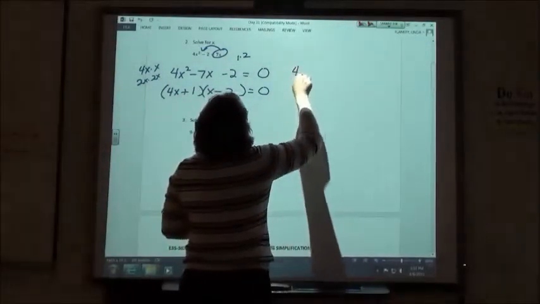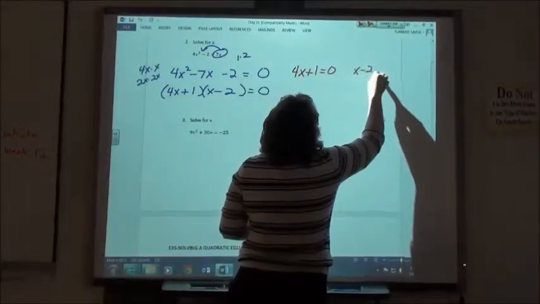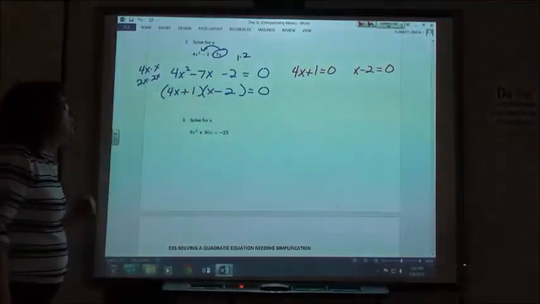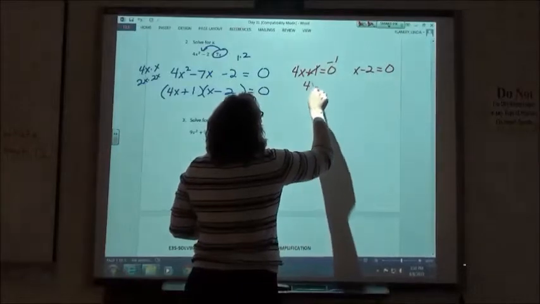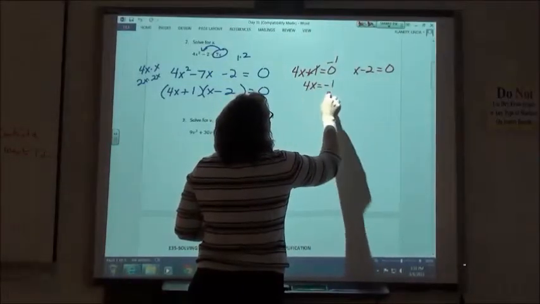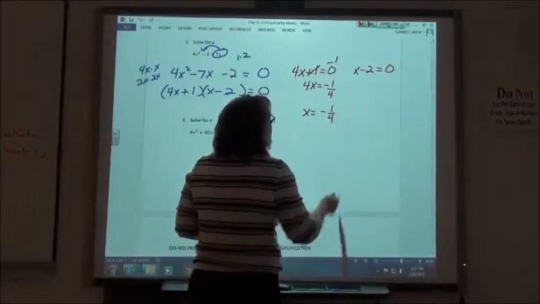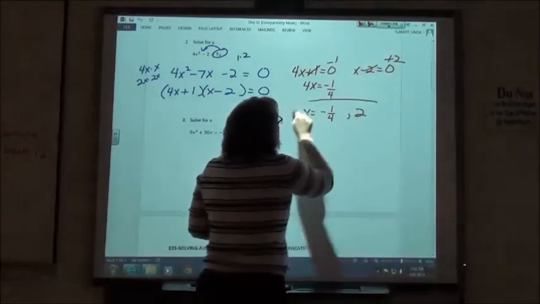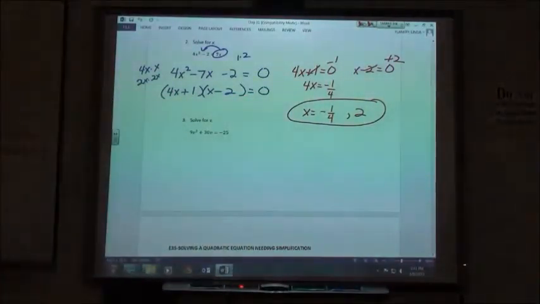So 4x plus 1 could equal 0, or x minus 2 could equal 0. Solving each of those, minus my 1, 4x equals negative 1, dividing by 4, x equals negative 1/4. Here, just adding my 2, so negative 1/4 and 2 are going to be your solutions.